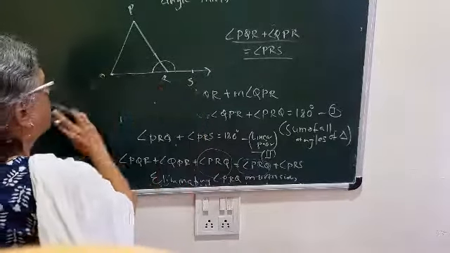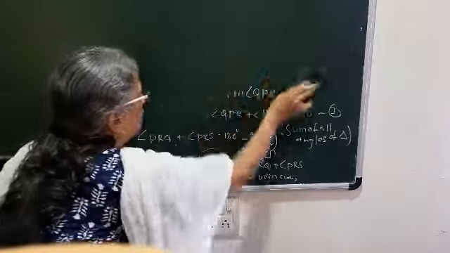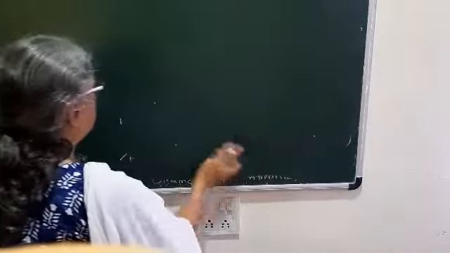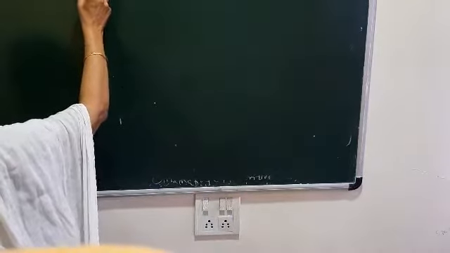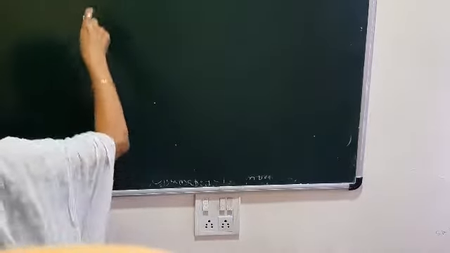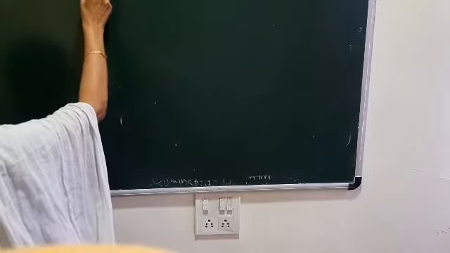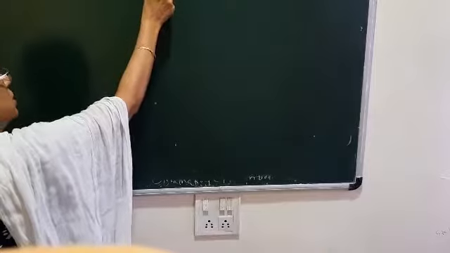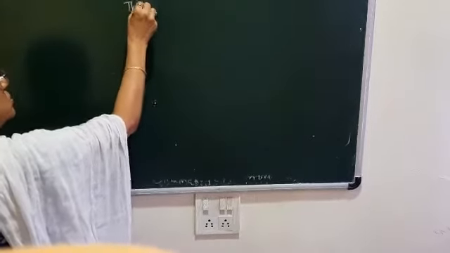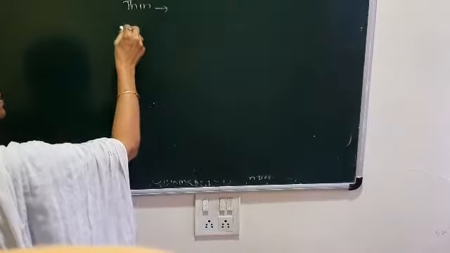Here they have not given the proof, but they have given only the statement, that is, the measure of an exterior angle is always greater than the measure of its interior angle. So this is the exterior angle theorem. So what is the statement?